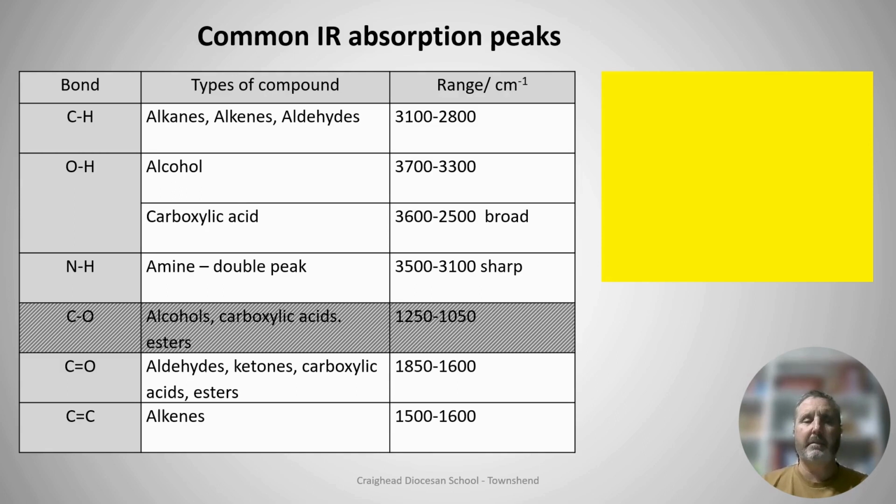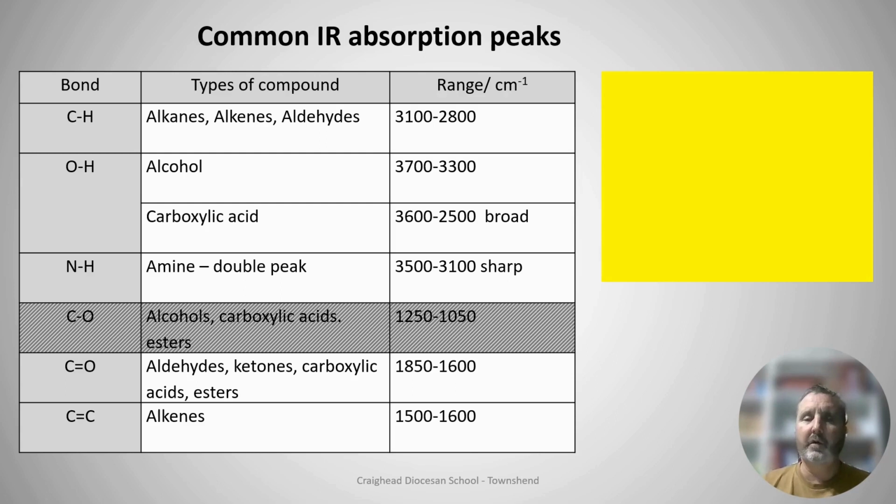So if the carbon-hydrogen bond is hit by infrared light that has a wavelength of 3,100 to 2,800 per centimeter, then that energy is absorbed, because the bonds will start stretching and they'll use that energy to make their vibrations happen.